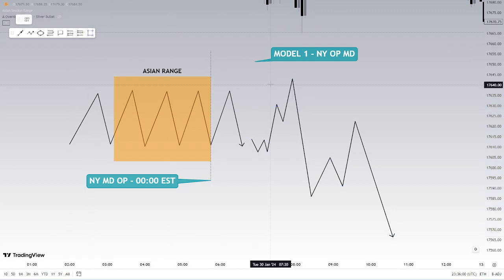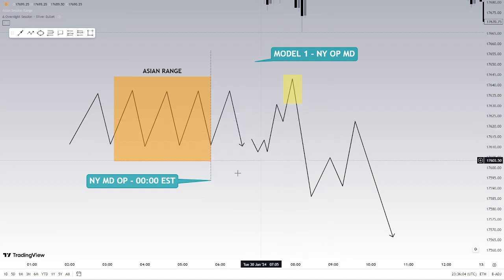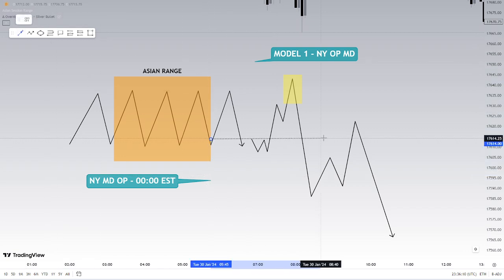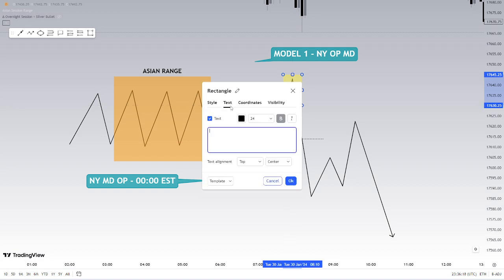So we are looking for our manipulation in price over here. Now, this corresponds to the New York midnight opening price. So this will be the New York midnight opening price over here in the horizontal line. And our manipulation is essentially above this. So this is going to be the manipulation in yellow, okay?